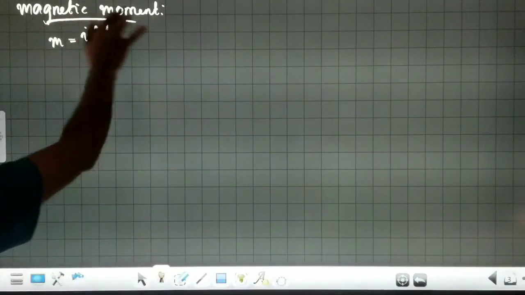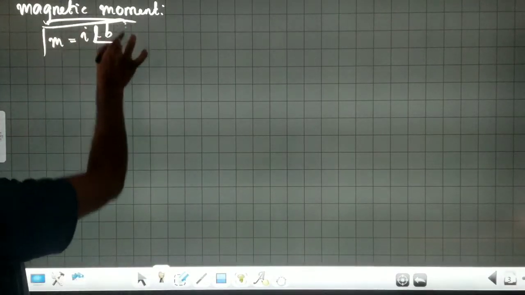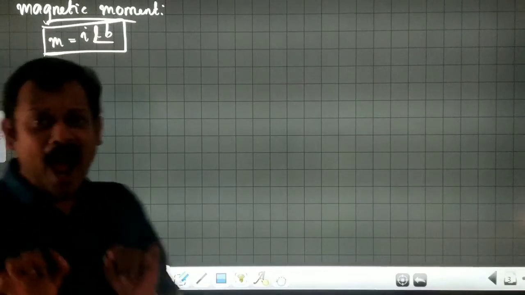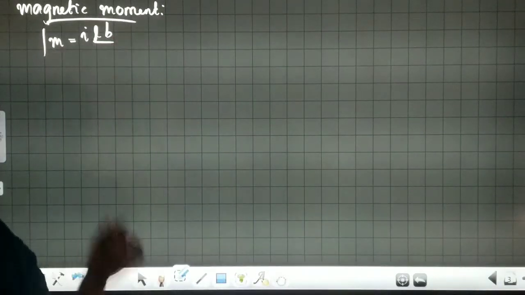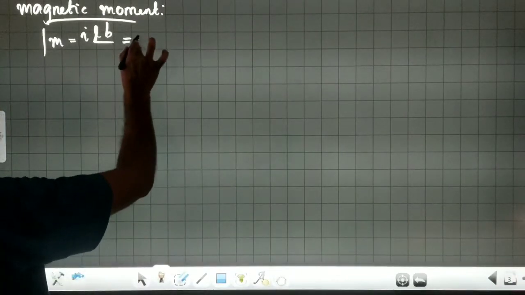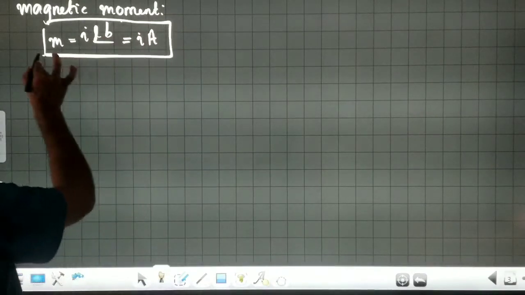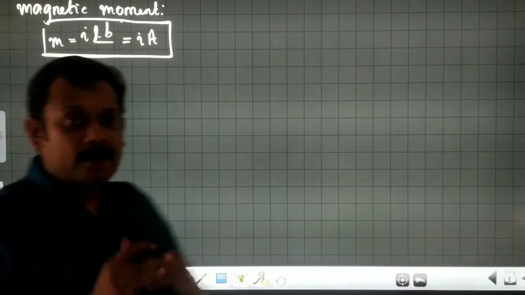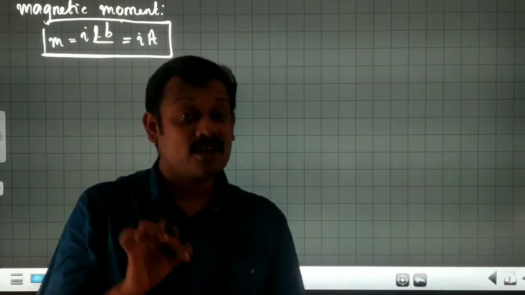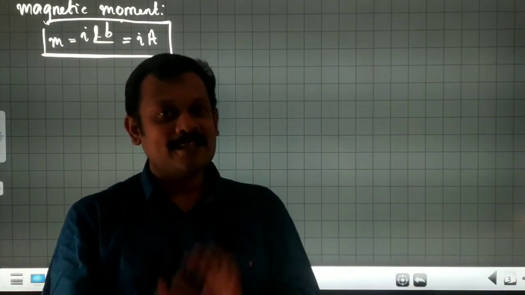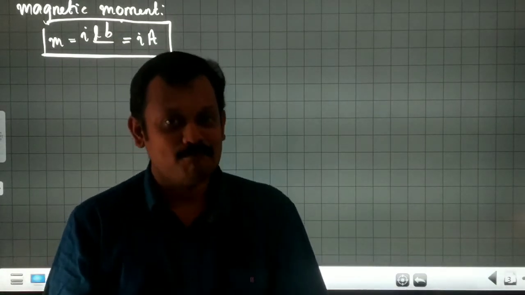At present I call it magnetic moment, and the formula for magnetic moment M is equal to I into L into B. This is equal to I into A, because A is the area of the loop. It is the product of current and the area of the loop that is called the magnetic moment.